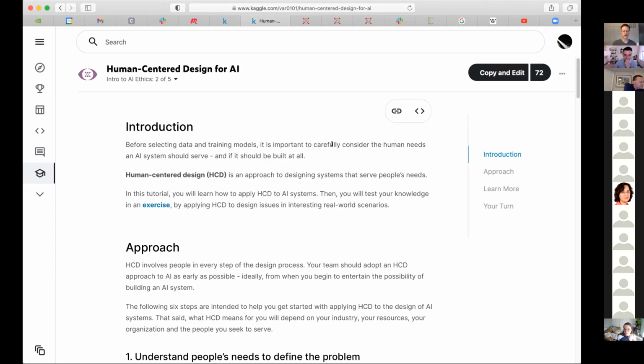And we'll get started on the second module here with human-centered design for AI. So in this section, we get to see really an overview of human-centered design, which is a field unto itself, and its application to the world of artificial intelligence.